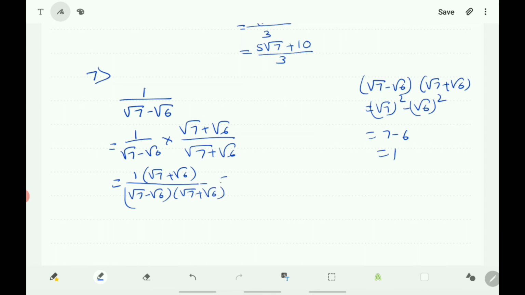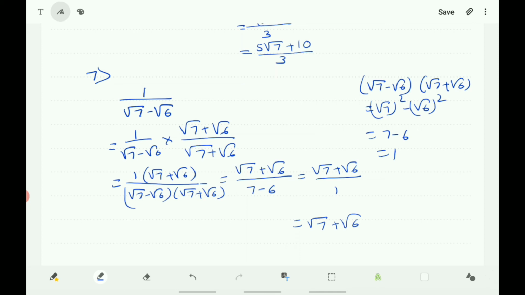Here it becomes 1 into root 7 plus root 6, which is as it is root 7 plus root 6, divided by 7 minus 6, that is equal to root 7 plus root 6 by 1, that is equal to root 7 plus root 6. In this way you can rationalize the denominator.